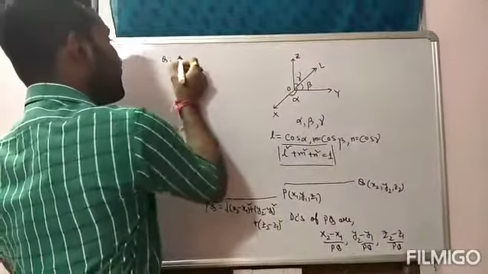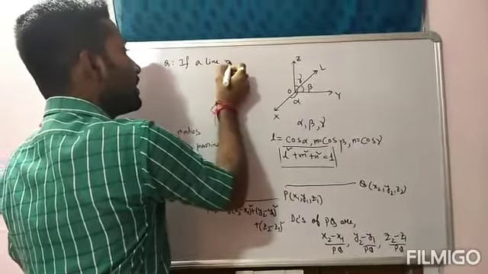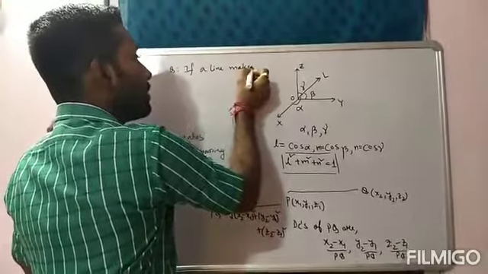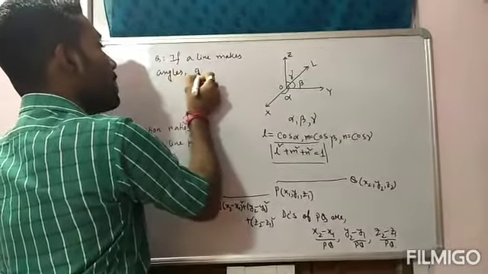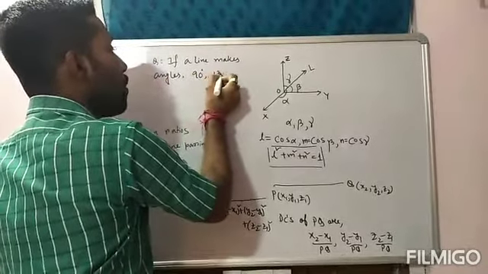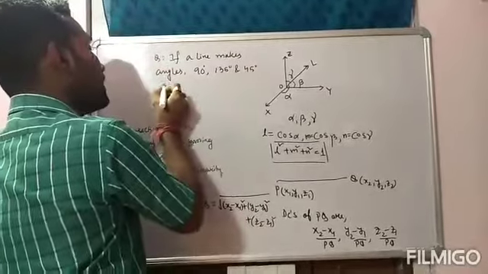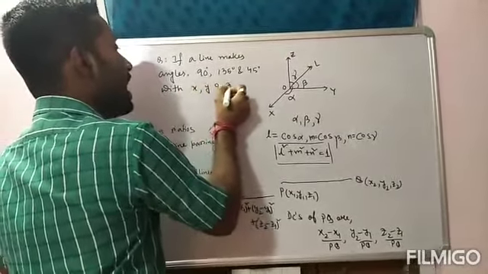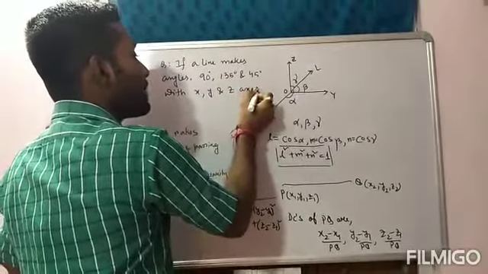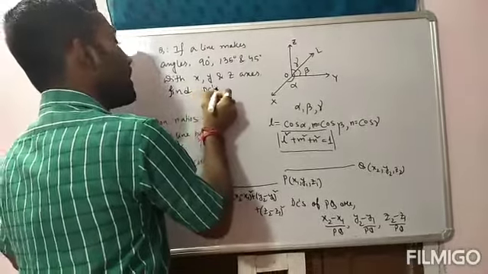For example, if a line makes angles 90 degree, 135 degree and 45 degree with x, y and z axis respectively, find the direction cosines.